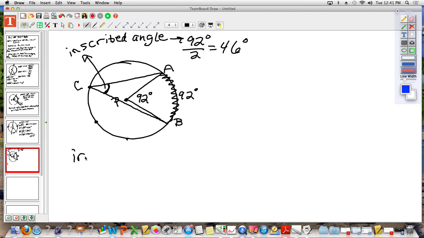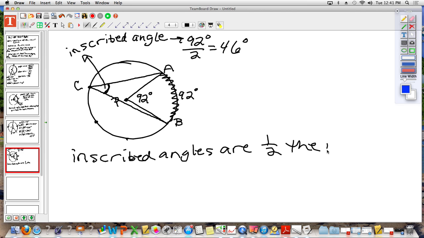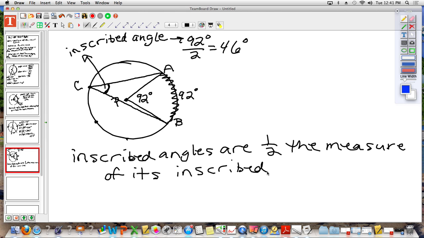So inscribed angles, last sentence, you guys. Inscribed angles are half the measure of its... That's not what I meant to say.